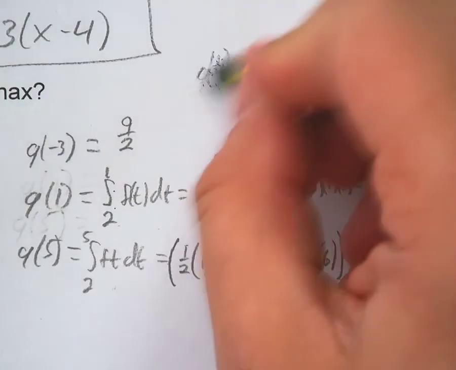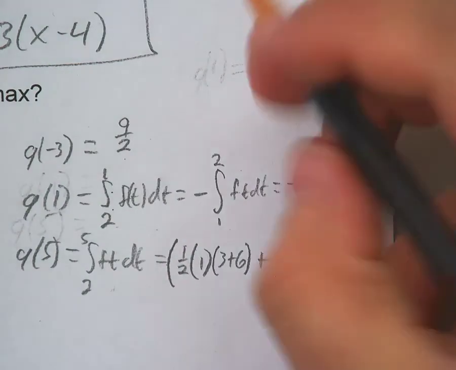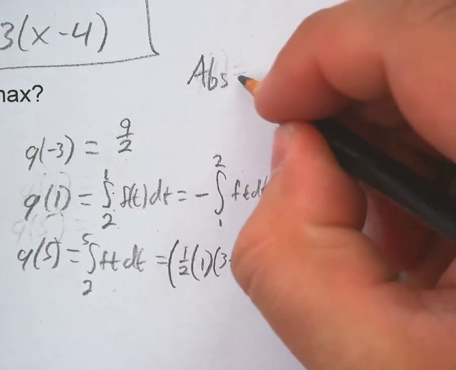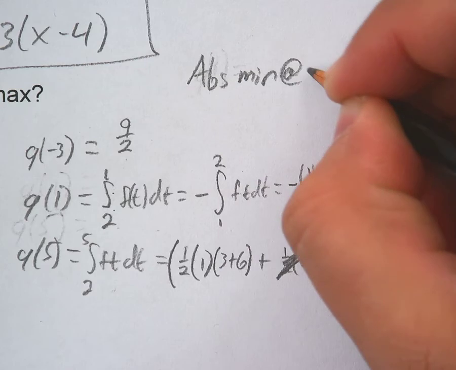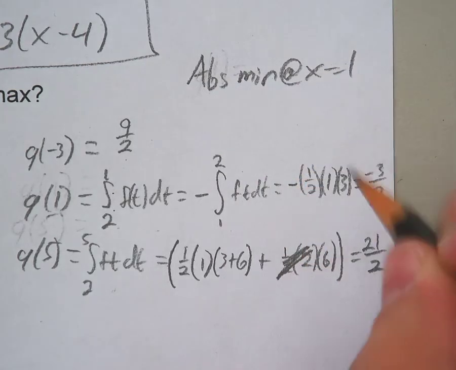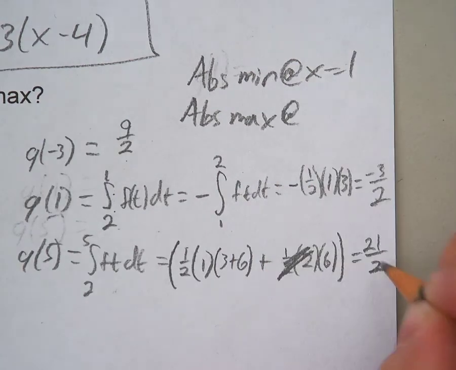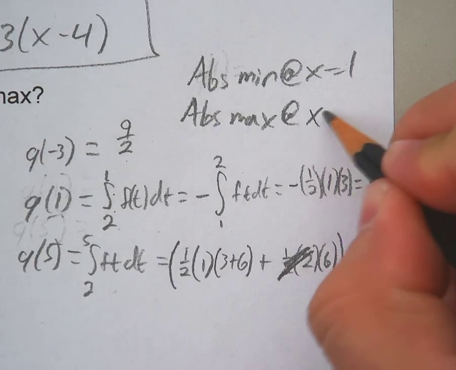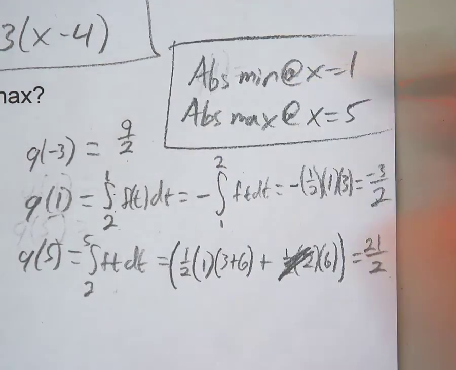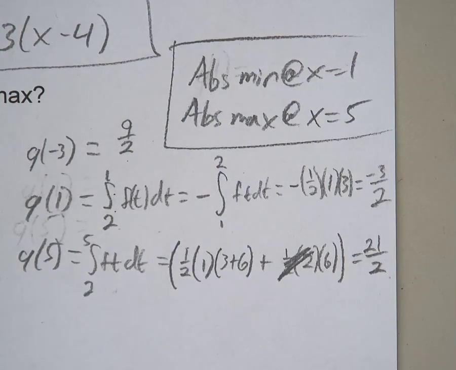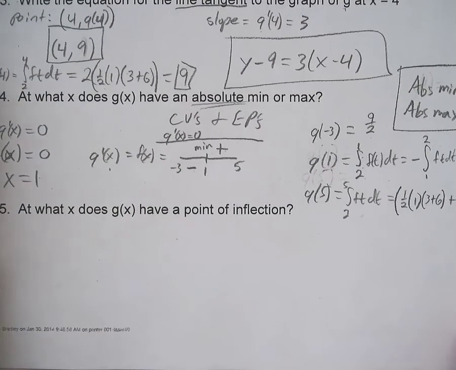We have an absolute min at x equals 1 because it's the lowest number, and an absolute max at 5. Testing for absolute extrema is a pretty in-depth process. Pretty in-depth. Last one. This one ain't that difficult.